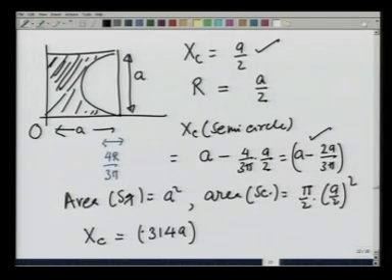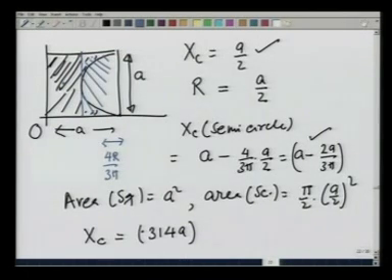Notice that if I had removed this half, let me make it with blue, if I had removed this half of the square, the x c would have been here at 0.25 a.